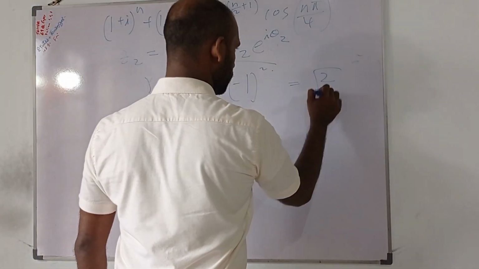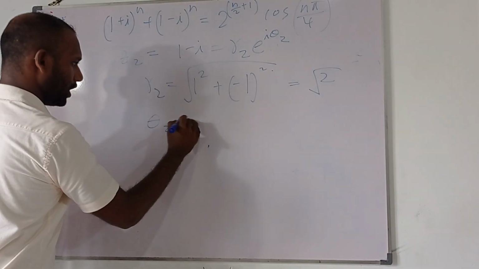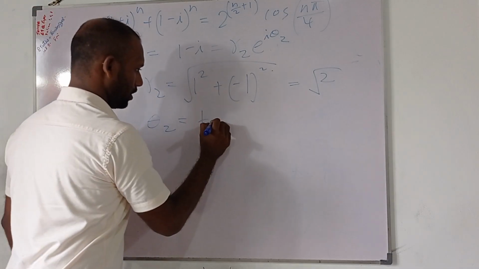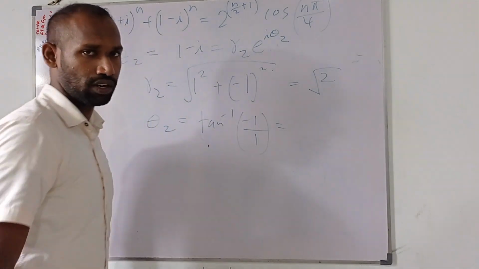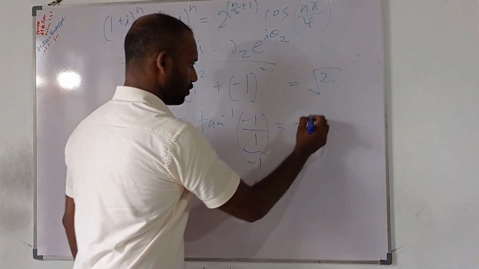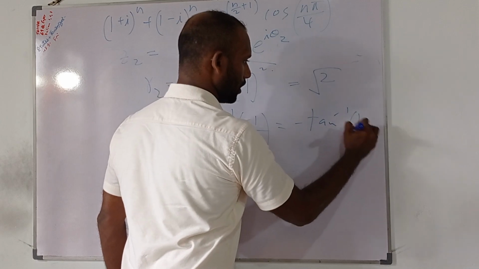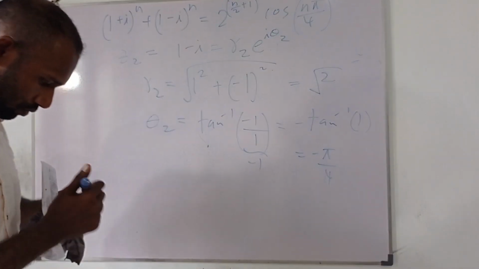So this is root 2. So theta 2 is tan inverse of minus 1 over 1. This is minus 1. So minus tan inverse 1, minus pi by 4.